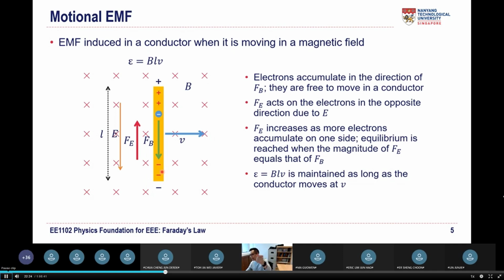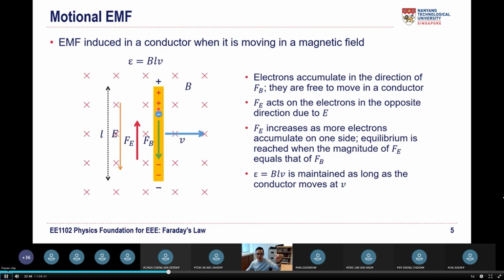So when we keep moving it, would this movement continue? No. In fact, it will stop at one point. Why it would stop is because electrons accumulate at the bottom here, and there is a deficiency of electrons at the top there.